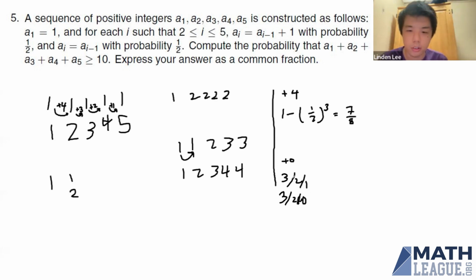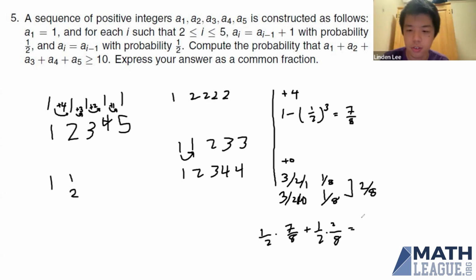So the probability that one of these happens is, since each of them happens with probability 1/8, their total probability is 2/8. Now, each of these cases happens with probability 1/2 because the first jump happens with probability 1/2, which means that our total probability that the sum is at least 10 is 1/2 times 7/8 plus 1/2 times 2/8, which gives us a final answer of 9/16.